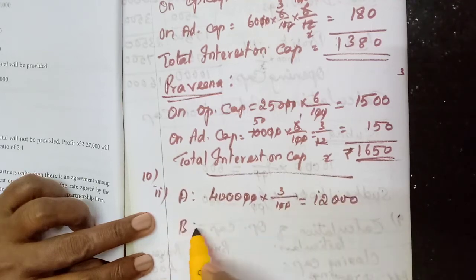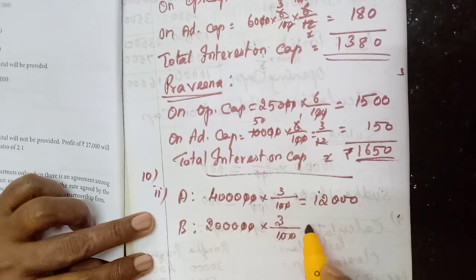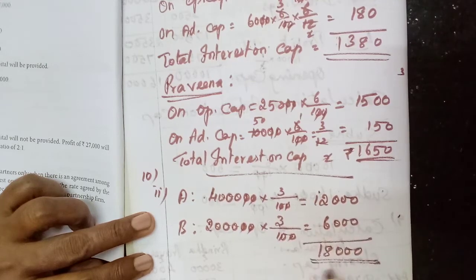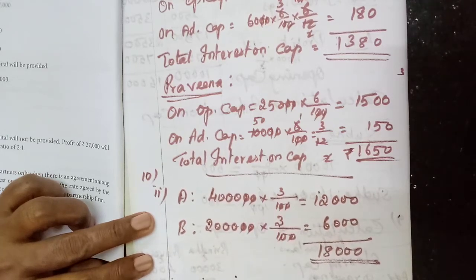For B, what is the capital? 2 lakh into 3 by 100. 2 3s are 6, that is 6,000. So totally we will get 18,000.